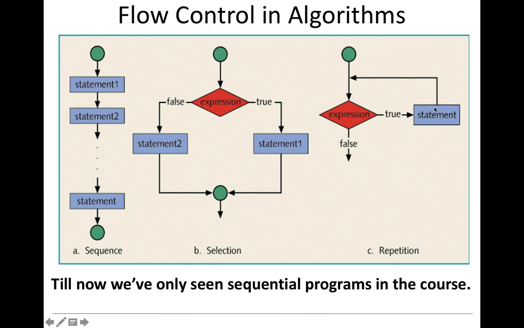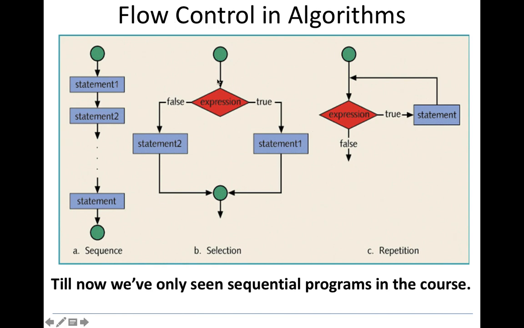As you can see, the arrows flow back to the condition. How would I repeat? As long as the condition is true. When it becomes false, I exit. Instead of exiting after the statement, as in an if structure, in a repetition structure I go back to the condition and repeat as long as it's true.